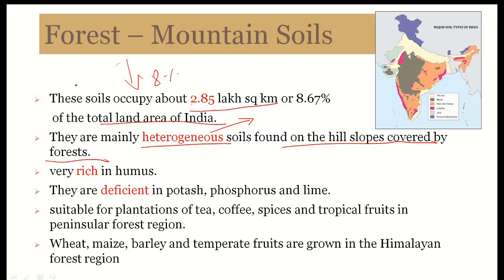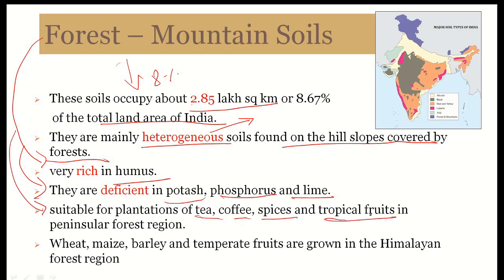That is why it is called forest and mountain soil. It is very rich in humus, and very low in potash, phosphorus and lime. So it is suitable for plantation crops like tea, coffee, spices and tropical fruits, and other crops can also be grown in this soil, like wheat and maize. It can be seen in the Himalayan forest region.